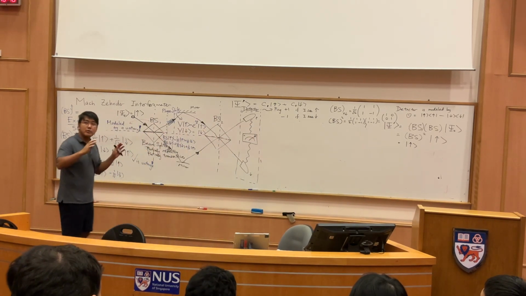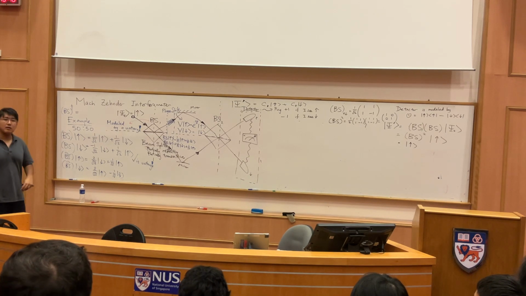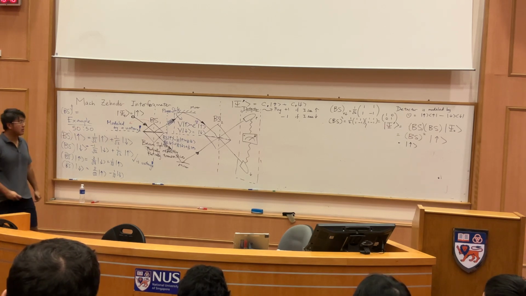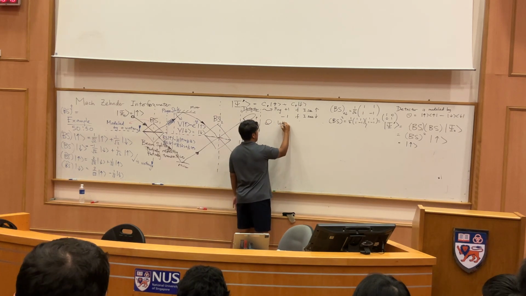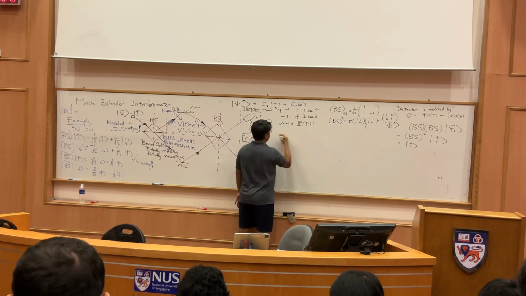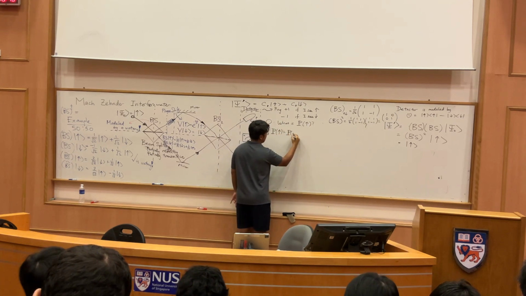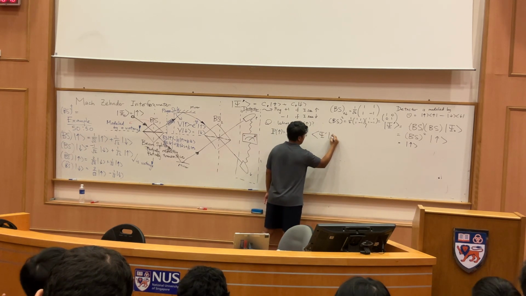Now that we've introduced a new element into the setup, we can repeat the question. What is now the probability of observing the photon in the up state at the end of the experiment? Again, what is the probability of seeing up? P of up, which is the same as P of 1, is the squared magnitude of psi prime up.